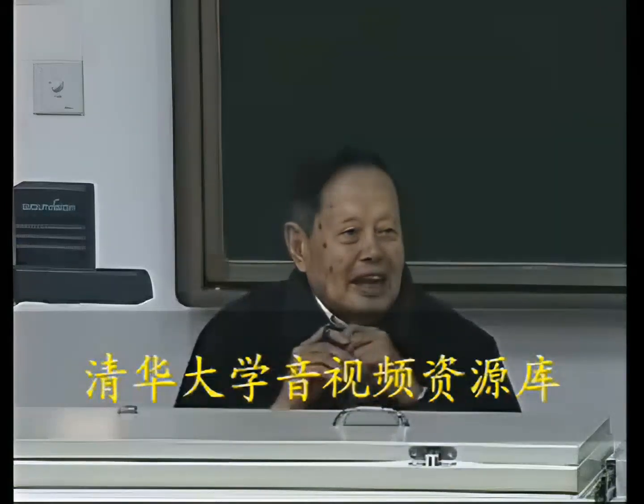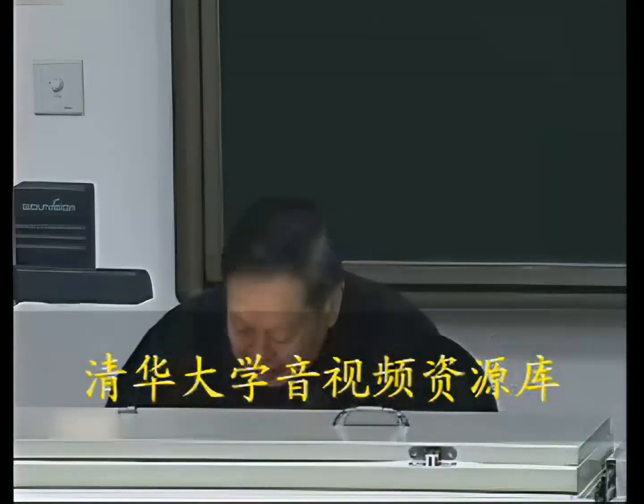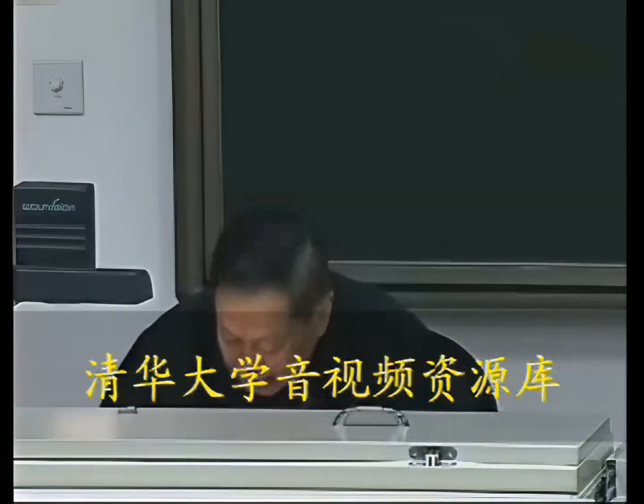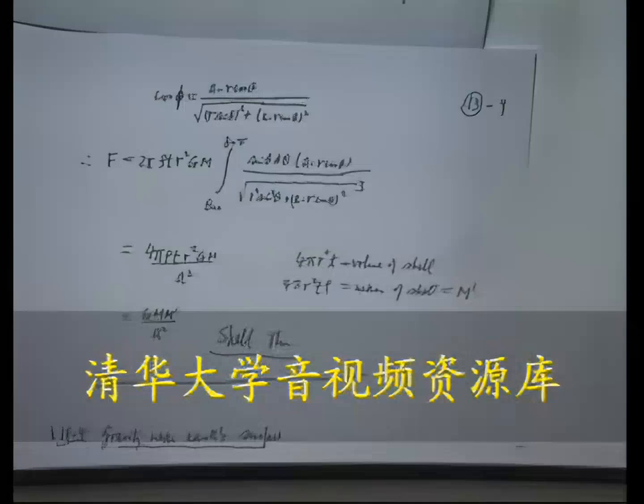Actually, there's another added part to it. For a man here, if this is a high mountain like the Himalayas, the person here suffers a force not only by the Earth itself, but also by the mountain.